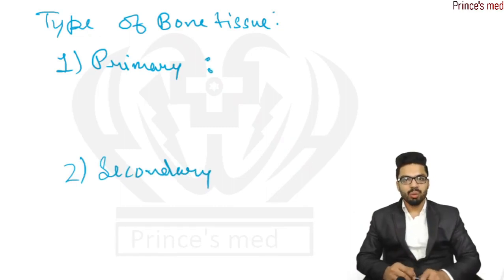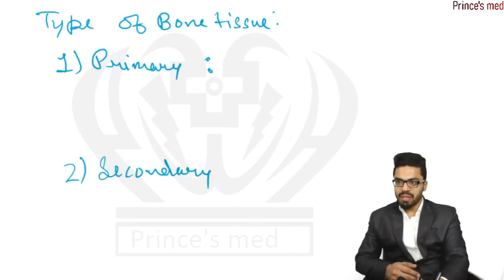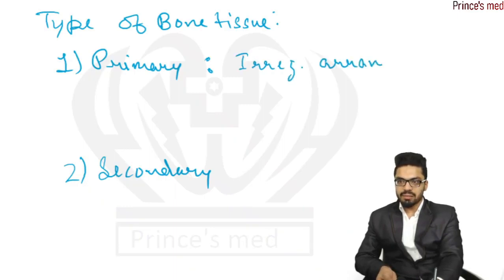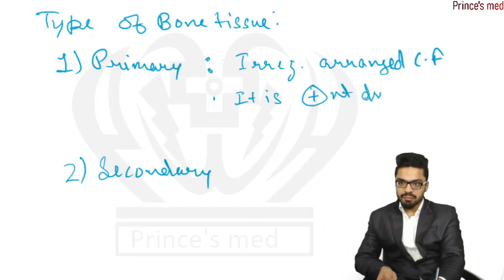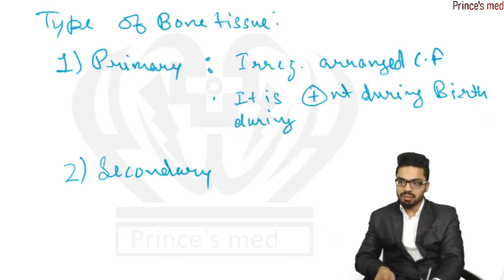Primary bone has an irregular arrangement of the collagen fibers, and it is present mainly during development of the bone, and it comes in the area after a fracture also. So first of all, irregularly arranged collagen fibers are present, and it is present mainly during birth and during bone development, and it comes in the area of fracture or injury of the bone.